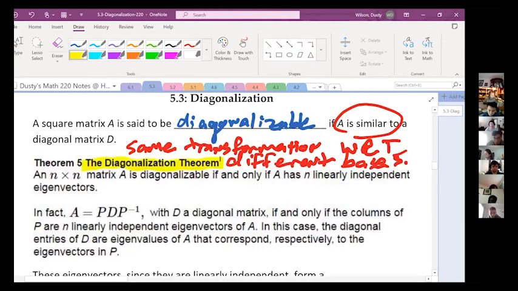The diagonalization theorem says what we've already observed: a matrix is diagonalizable if and only if it has n linearly independent eigenvectors. That is, if it has an eigenbasis.